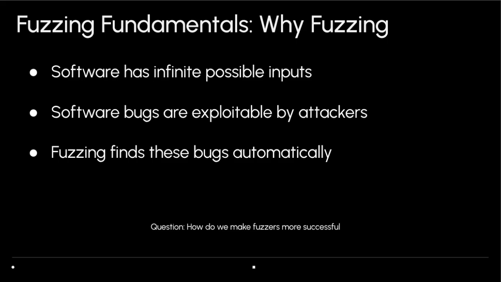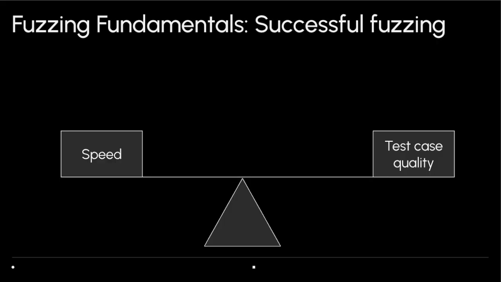And now the question is, how do we make our fuzzer as good as possible at finding those bugs? It really comes down to two levers: speed, which is how many test cases you can run per second, and test case quality, which is, are your inputs actually reaching interesting, deep parts of the program, or are they getting rejected immediately at the front door?